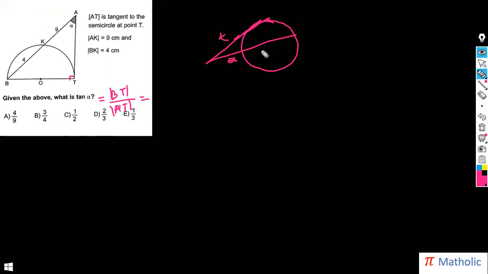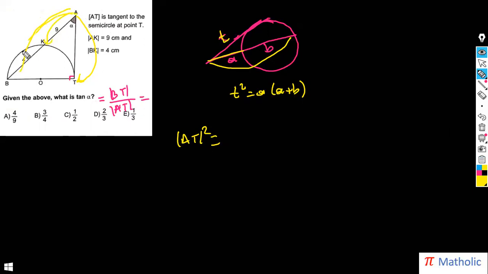Let's say this is T, this is A, this is B. In the circle, tangent squared equals A times A plus B. So here we can apply AT squared equals 9 times, so from here to here, 9 plus 4. 9 times 9 plus 4.